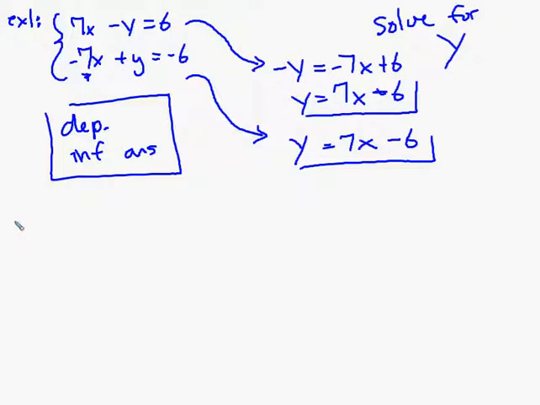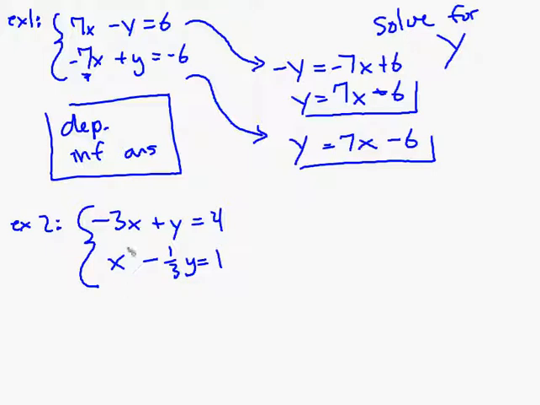All right, let's do the next one. Example 2. So there's my system. And what do I have to do? Okay, on the first one I'll have to clear the fraction.